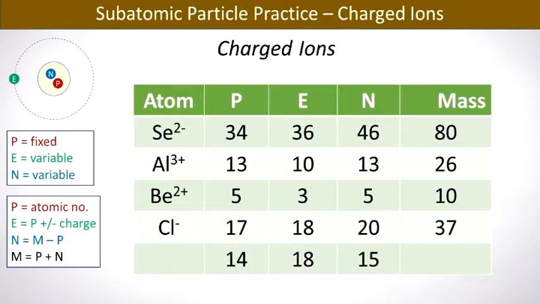Let's consider an unknown charged ion having 14 protons, 18 electrons, and 15 neutrons. We can identify the element as silicon based upon the 14 protons, which equals the atomic number of 14 for silicon.